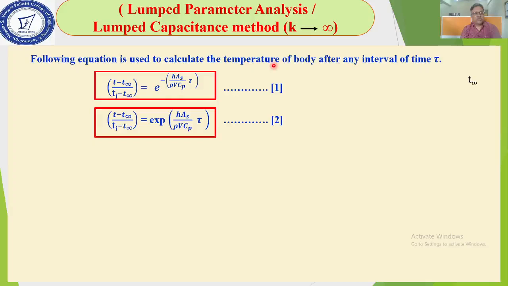This equation can also be written in this fashion: T minus T infinity over Ti minus T infinity is equal to exponential of minus hAs over rho V Cp into tau. Now, based upon these two equations 1 and 2, let us understand some of the important aspects of this lumped parameter analysis.